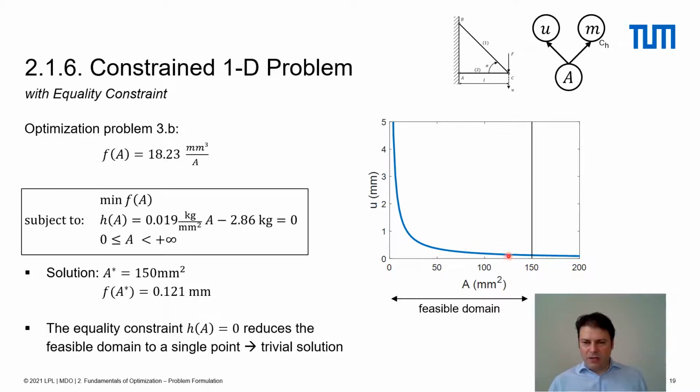So the obvious solution is that our optimum is here. That is trivial, and in particular, it is the same solution as in the previous case. Boundary optima also have the property that they are the solution to equality constraint problems.